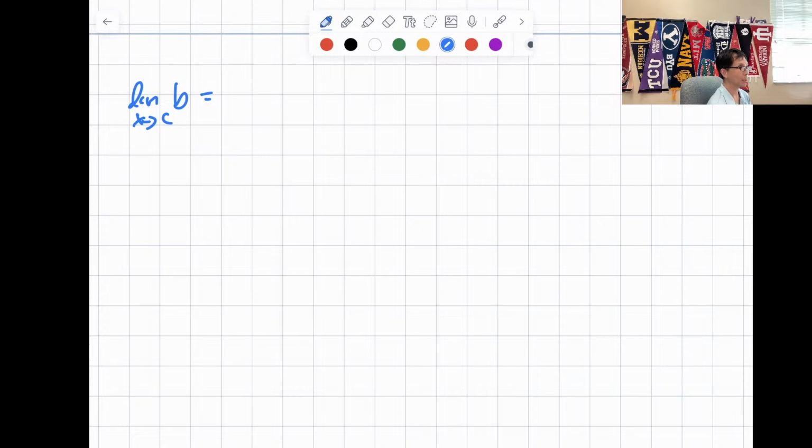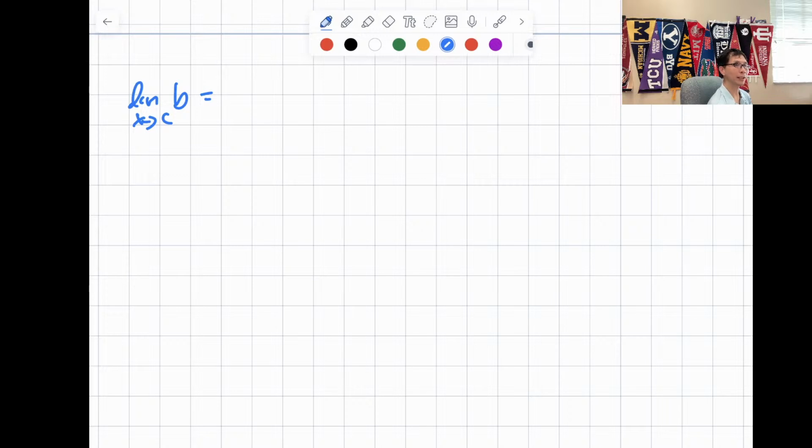The basic limits, come on. It's equal to what? B? Think of a graph. B and C, they are constants.